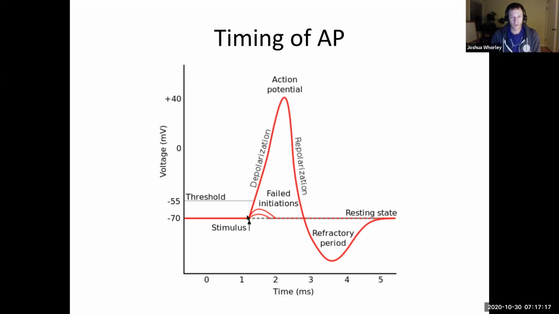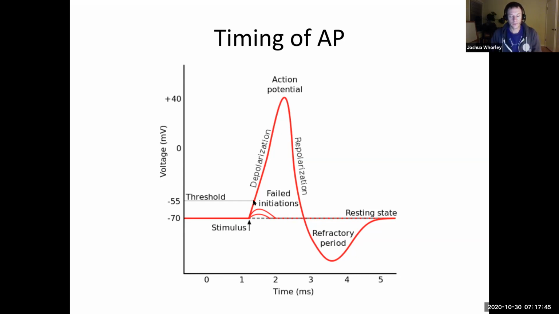This initial depolarization, as charge floods into the muscle cell, is all due to the binding of acetylcholine to those ligand-gated sodium channels in the synaptic cleft and on the postsynaptic muscle cell. Those are the channels that are opening, and sodium is rushing in and depolarizing the cell membrane.